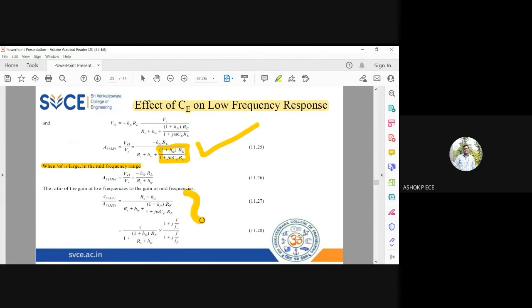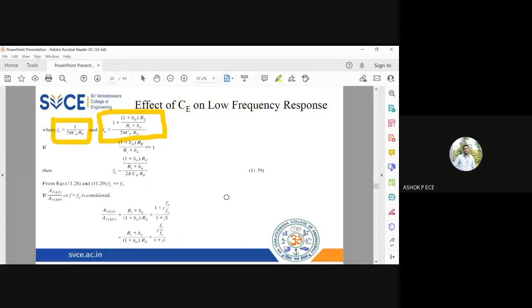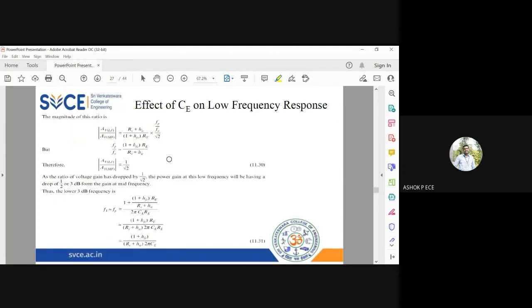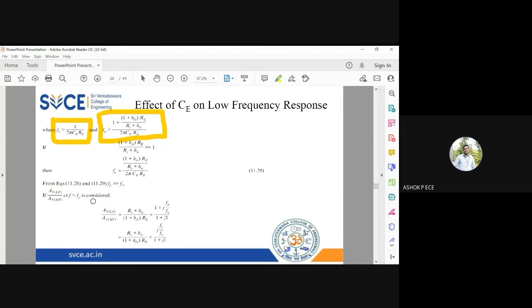See, this step by step derivation is not required. You may even write the final step also. So when you simplify by substituting F naught and FP, you will finally end up in this way. Finally, this will be the formula for AVLF by AVMF: RS plus HIE by 1 plus HFE RE into j FP by F naught by 1 plus j.